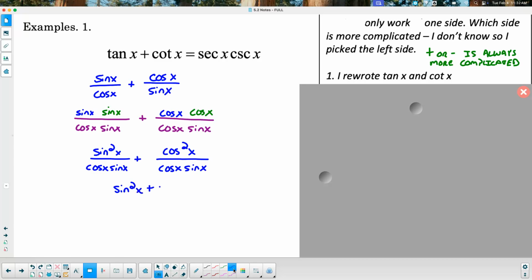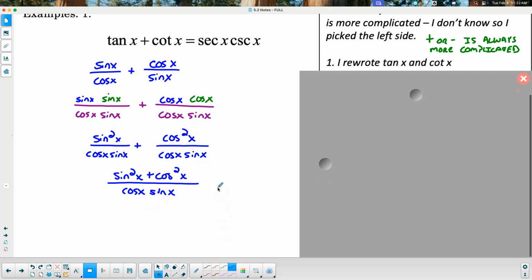Not yet. We've got to show this step first. Okay? Now what does the top become? Now the top becomes 1.